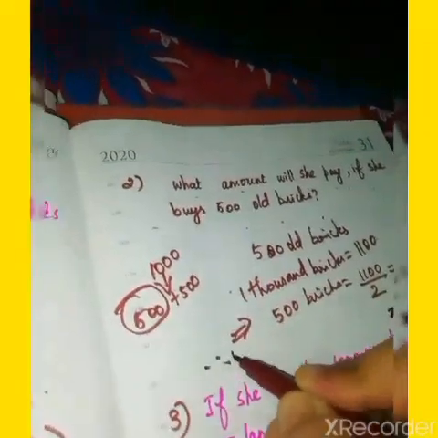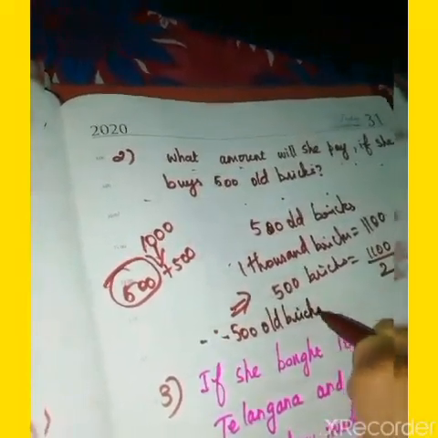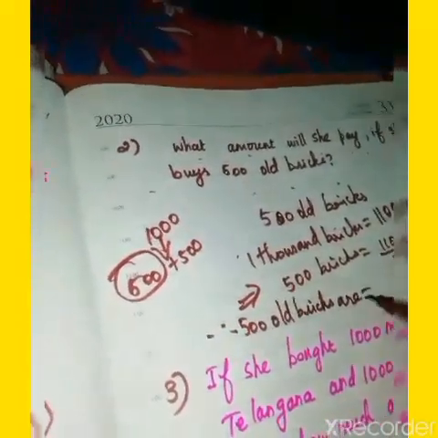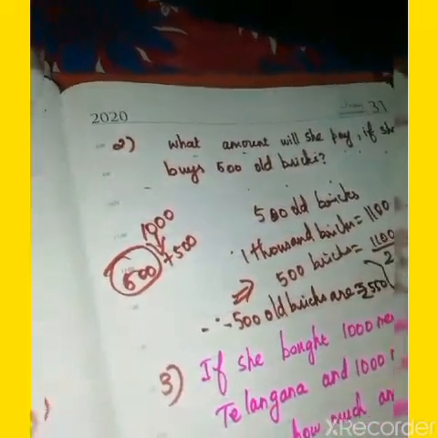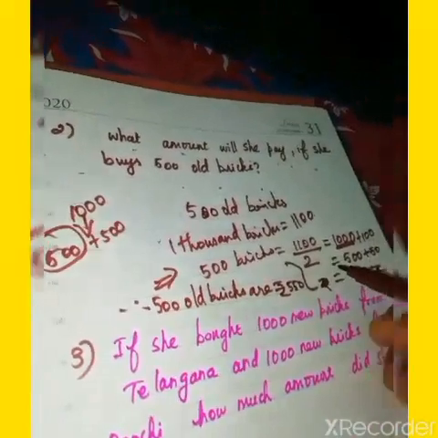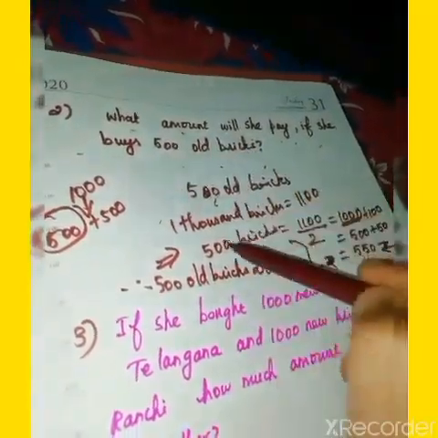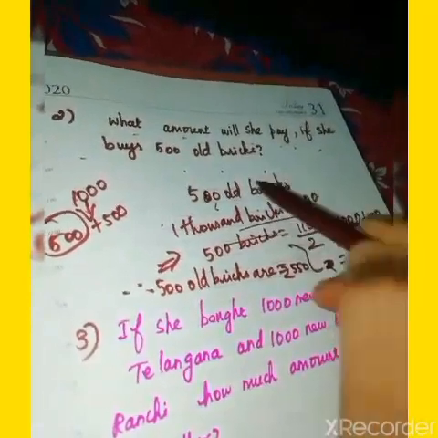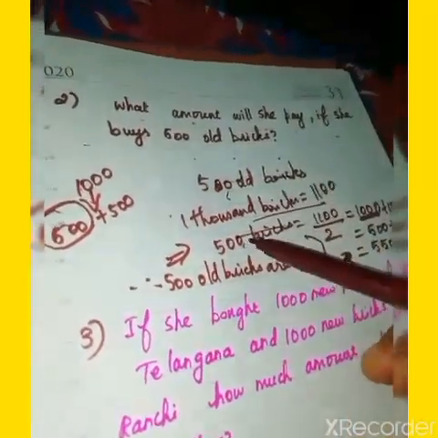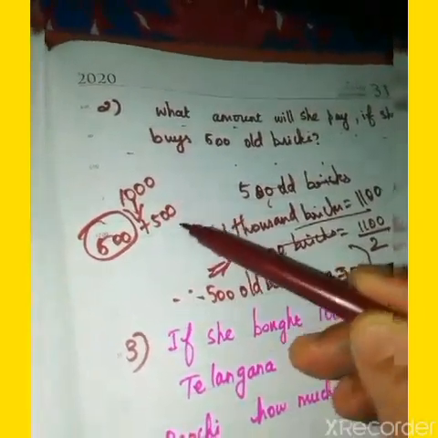Therefore, 500 old bricks are rupees 550. Can you understand? So listen, they have given the amount for 1000 bricks only, but we have to find out the 500 old bricks. So I am getting here that 1000 is 500 plus 500.